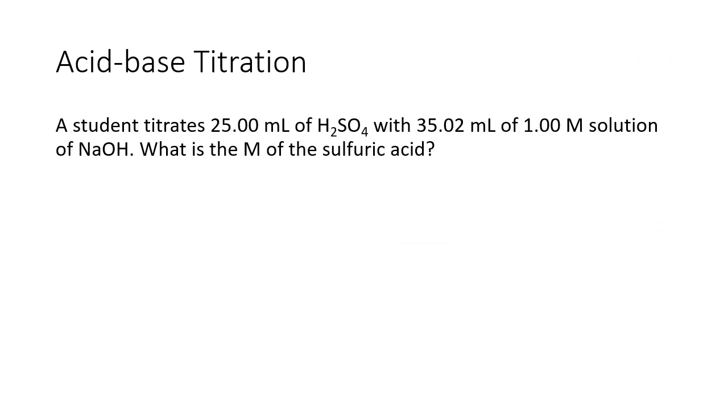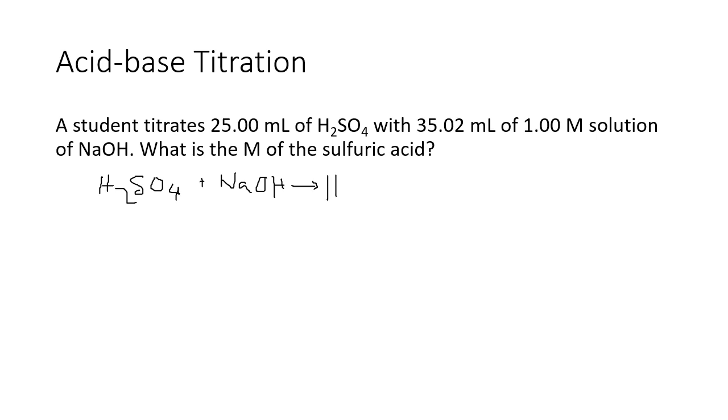A student titrates 25.00 milliliters of sulfuric acid with 35.02 milliliters of 1 molar solution of NaOH. What is the molarity of sulfuric acid? So again, we always want to start with a balanced chemical equation. So we have our H2SO4, and we're adding NaOH. And it's going to make water.